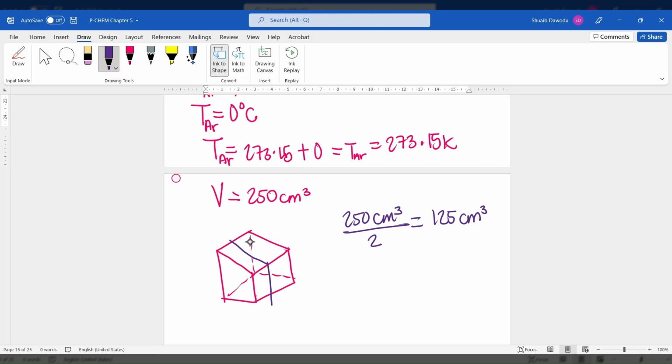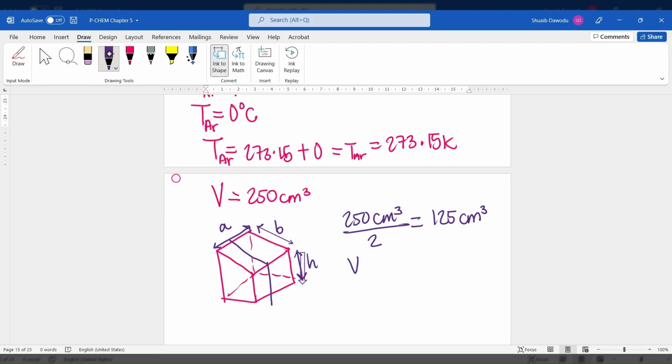So for example, we see this one right here to be the length of the box. Remember, volume is simply length times breadth times height. We have A to be the length, B, it's a cube, to be the breadth, and C to be the height.